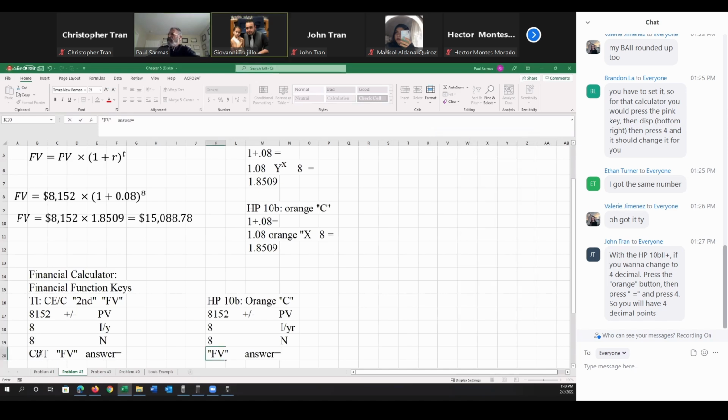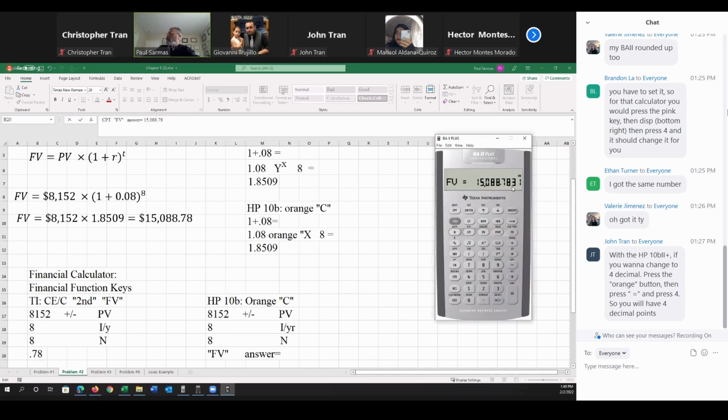Professor, quick question. Yes. Let's just say that, do we round up if necessary, or do you just keep it at the... If necessary, if the third number is, instead of 3, if it was 5, you will round it up. Okay.